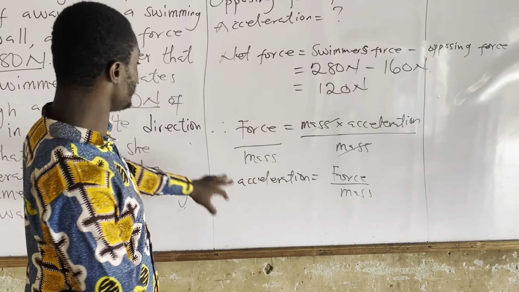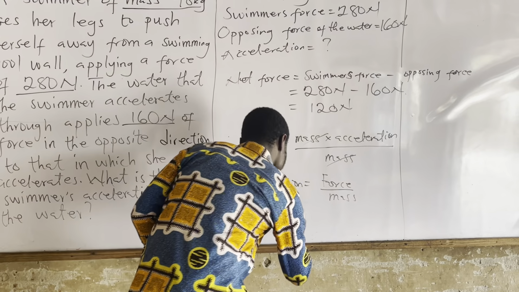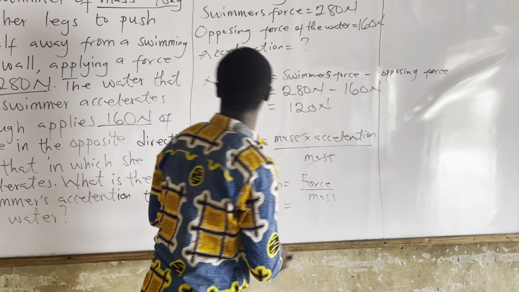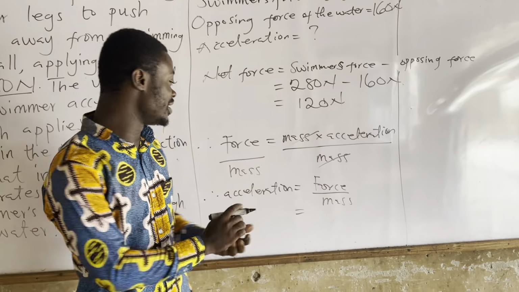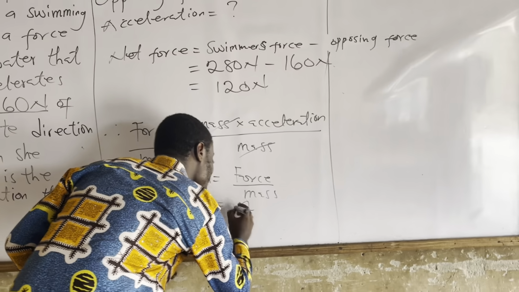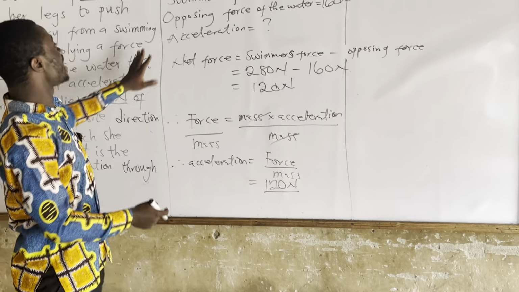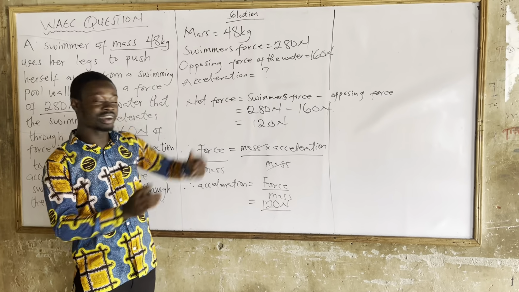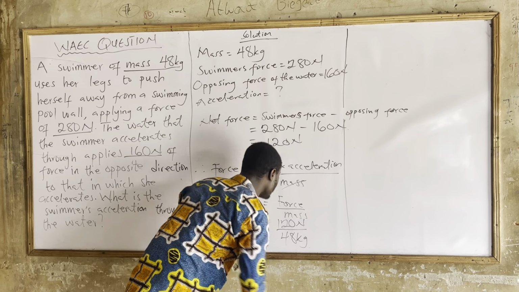So let's substitute the information into the formula and find our acceleration. Acceleration will be equal to the net force, which is 120 newtons, divided by the mass from the question. The mass of the swimmer is 48 kilograms. So 120 newtons over 48 kilograms.